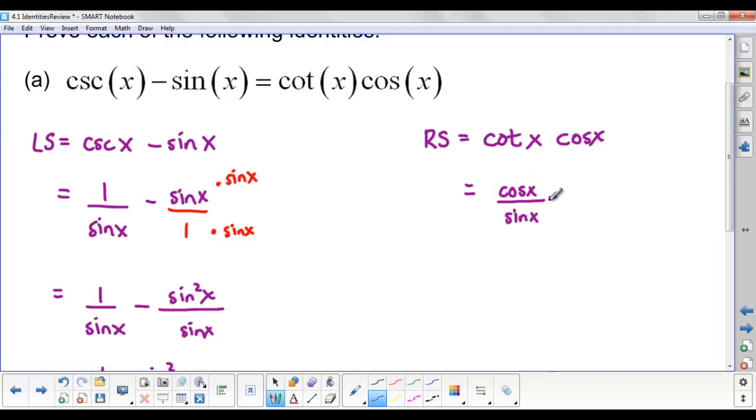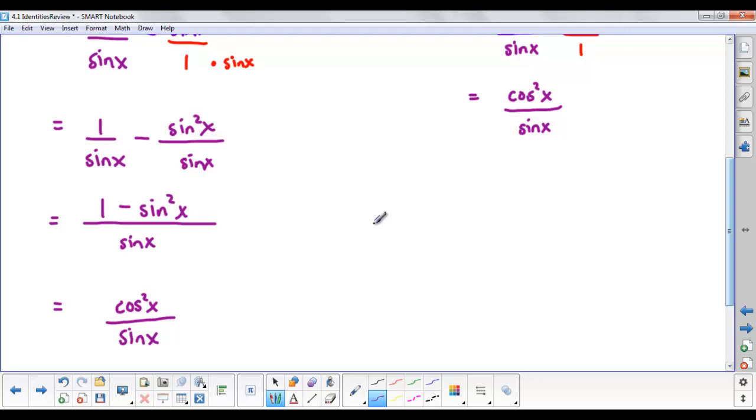So cotangent times cosine: we have two fractions being multiplied, and numerators times numerators gives us cos squared, and denominators times denominators gives sine times 1. If you take a look, we do end up with left side equaling right side. To finish a proof, you say QED, which really means it has been proven.